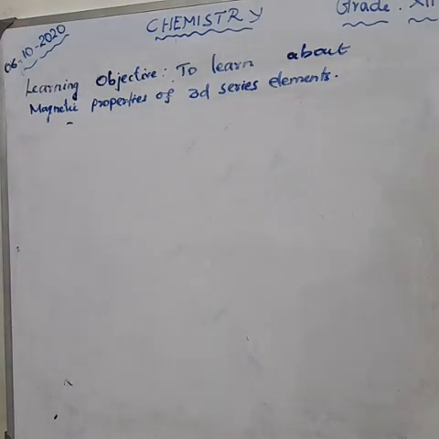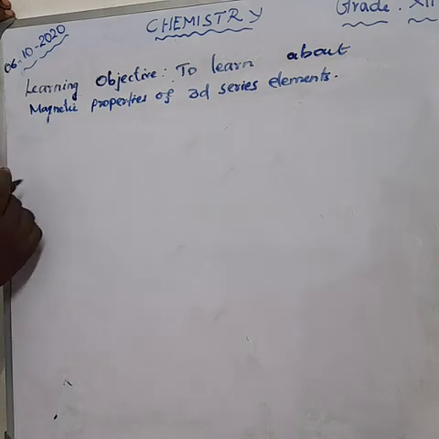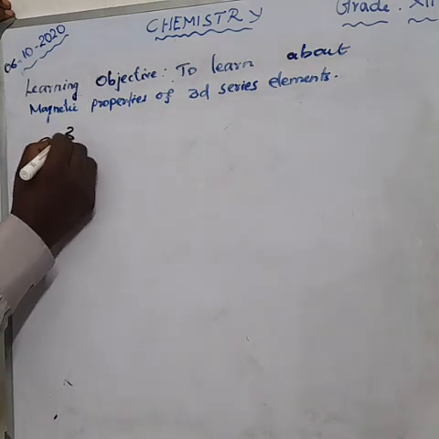And also, we can write about chromium. Chromium is very, very important. Chromium has 2 ions in the 3d series, that is Cr3+ and also Cr2+. First of all, we are writing Cr3+.